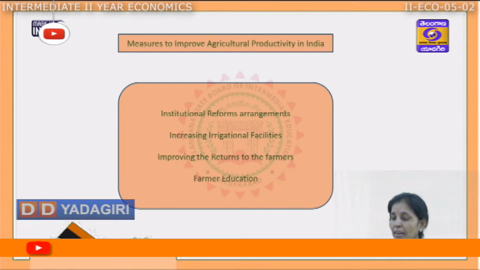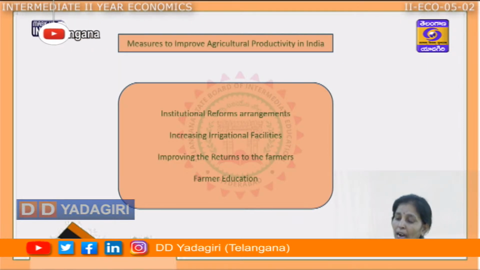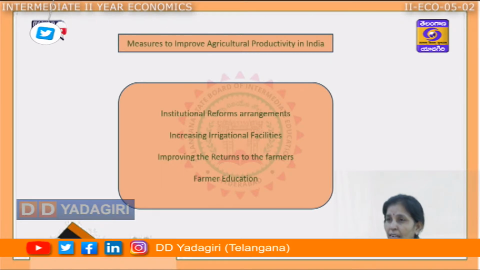This is a 10 marks question which comes as the reasons for low productivity and the measures to increase agriculture productivity.